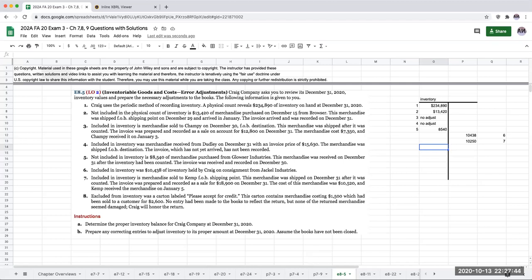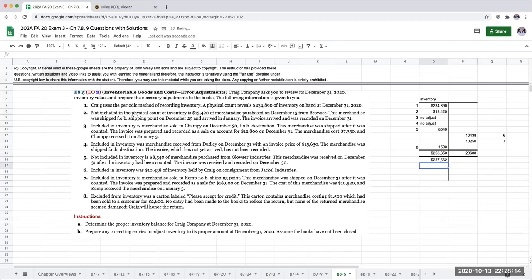So what I would need to do, because this is excluded, right? This is going to basically be over here for 1,500. And this here is going to be number 8. So it cost me 1,500. I'm accepting it back. So that's what I have to go through and do. Okay. So as I look at this over here, right, what is my new ending balance in my inventory account?